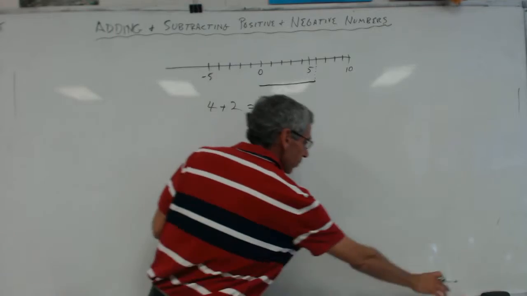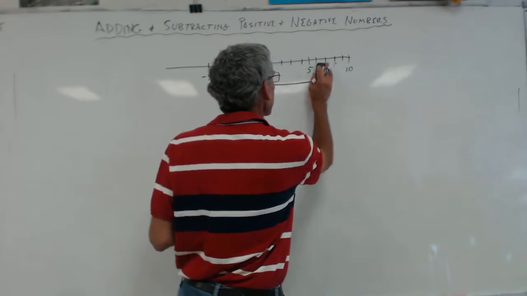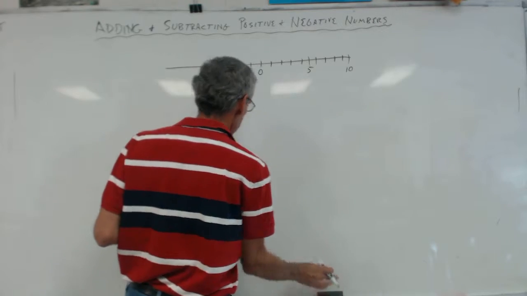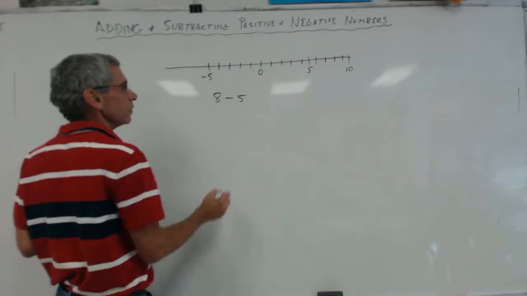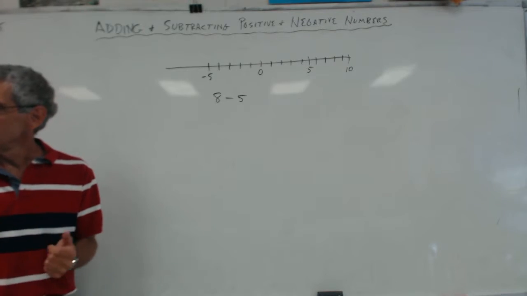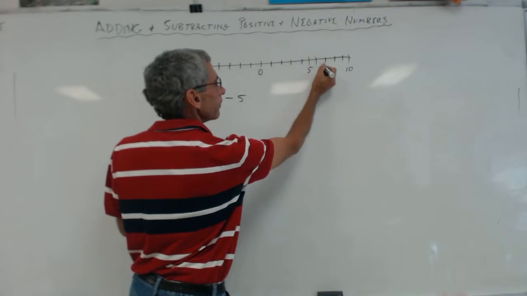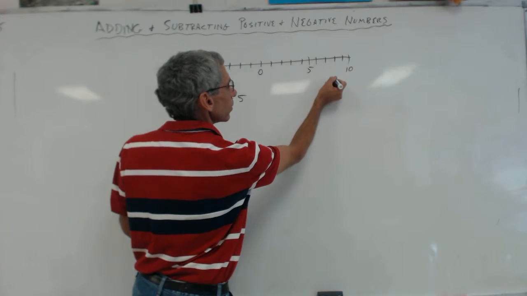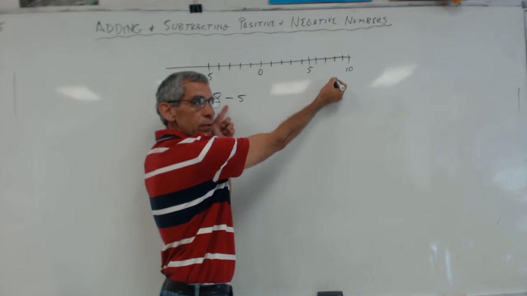Where it gets a little more complicated is when you've got your pluses and minuses, right? So if I had 8 minus 5, you still know the answer pretty easily, but we'll do it. We start at 0. We go over to 8: 1, 2, 3, 4, 5, 6, 7, 8. And then I go negative 5. Which direction do I go?